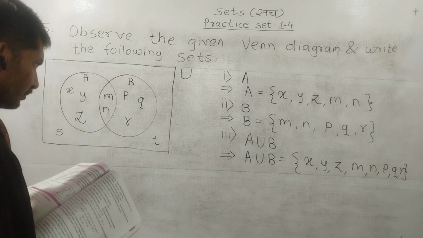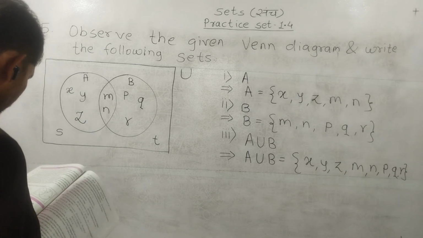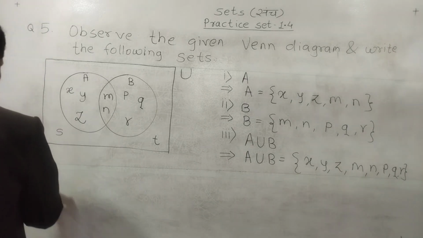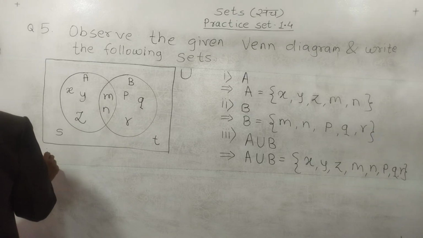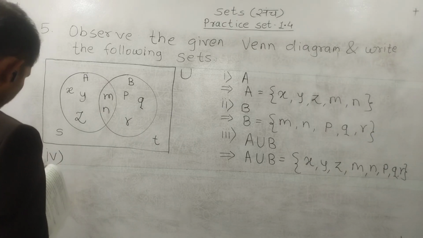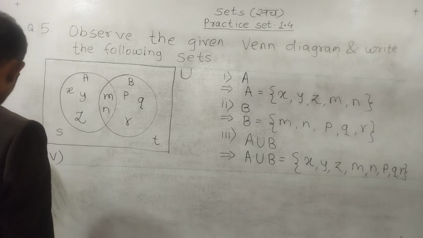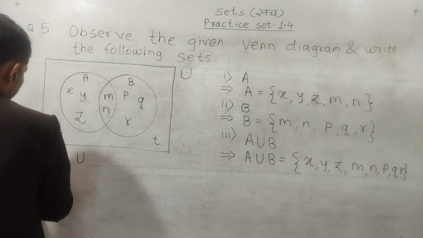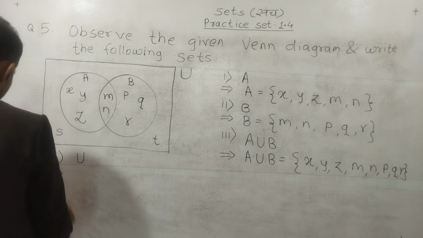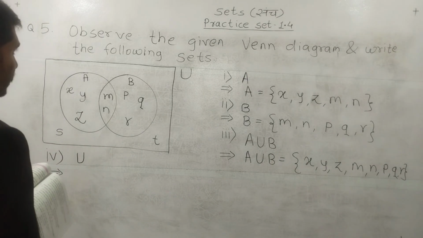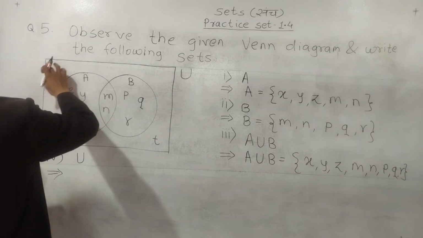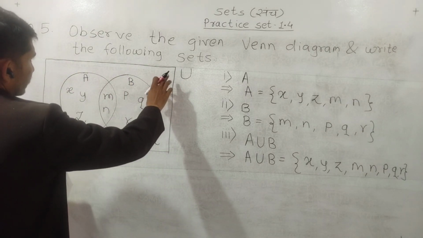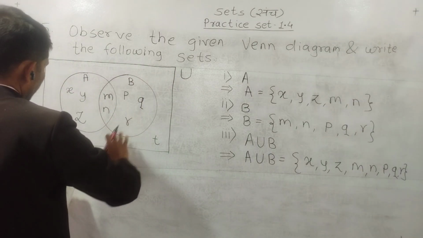Okay, so next one is example number 4, universal set. How can we write the universal set? See here, this is the universal set, meaning this rectangle containing all the elements we have to write here.